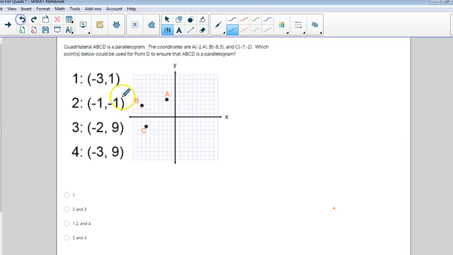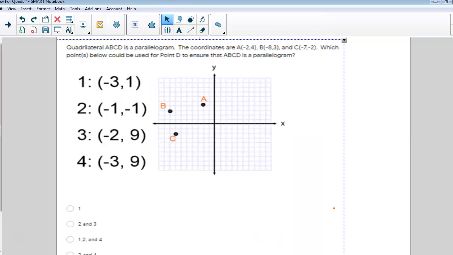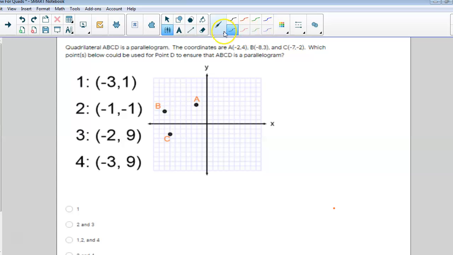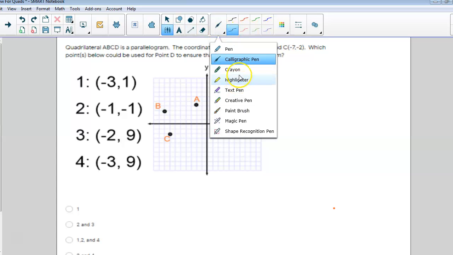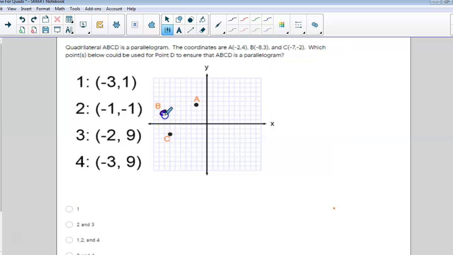Okay, now I know it's a little bit tricky to see. Let me see if I can enlarge this just a little bit for you. Okay, so we have B to C, and we want to know what the slope of that line is. So this one's pretty easy to do. I'm going to go ahead and just count the slope right on my graph, okay? So I'm going to start at B and work my way down. This is a negative slope. So I'm going to go down 1, 2, 3, 4, 5, okay?